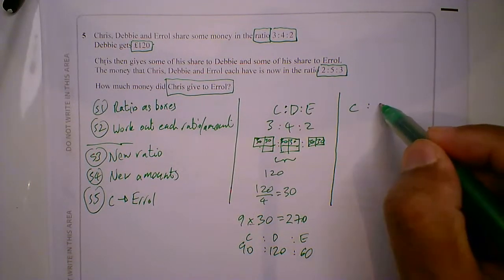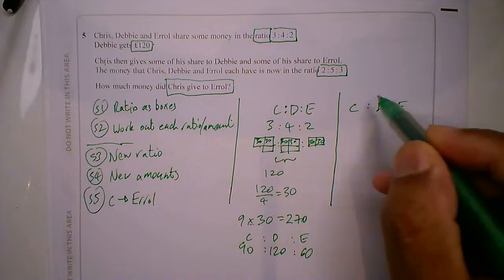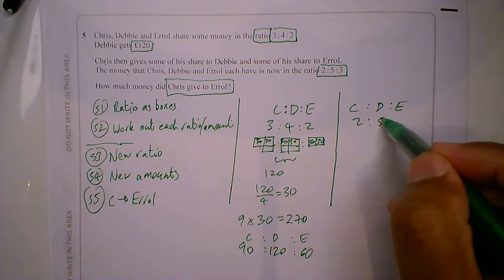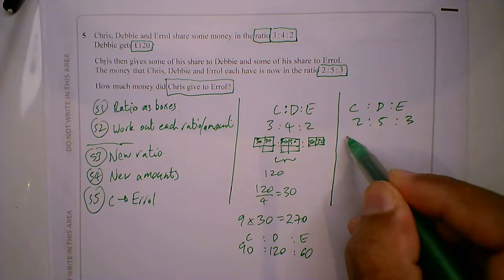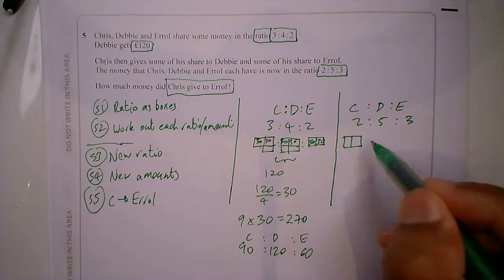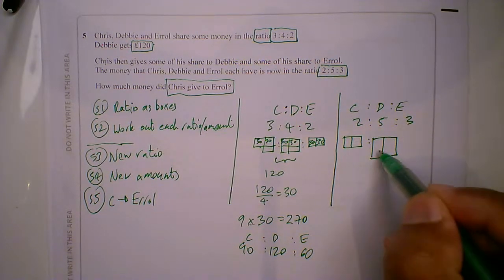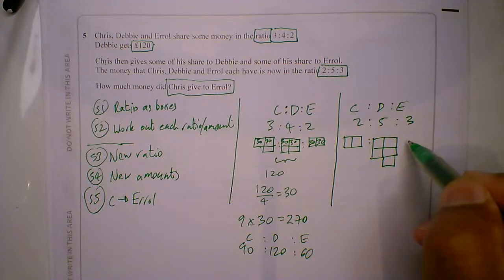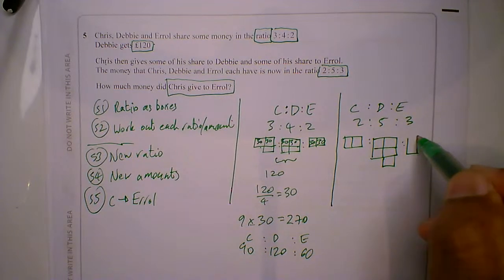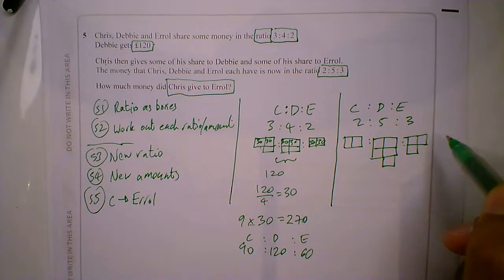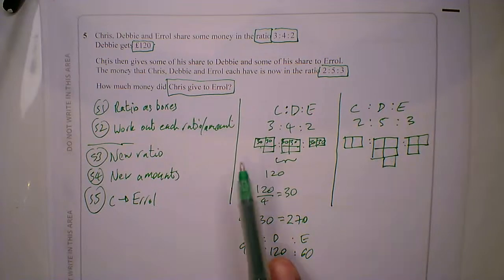So now the new ratio CDE equals 2 to 5 to 3. So 2 boxes here, 5 boxes here, and then 3 boxes here. So what is linking them?